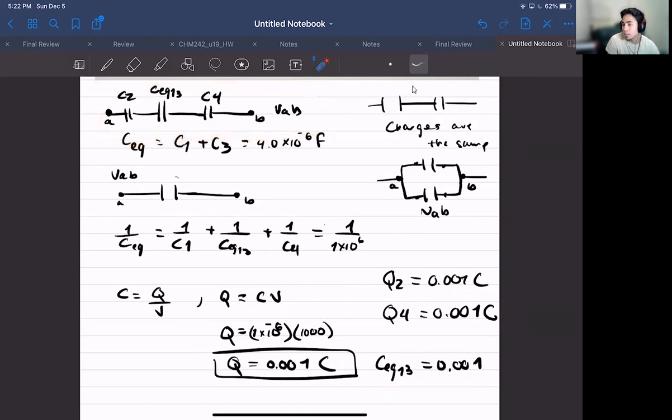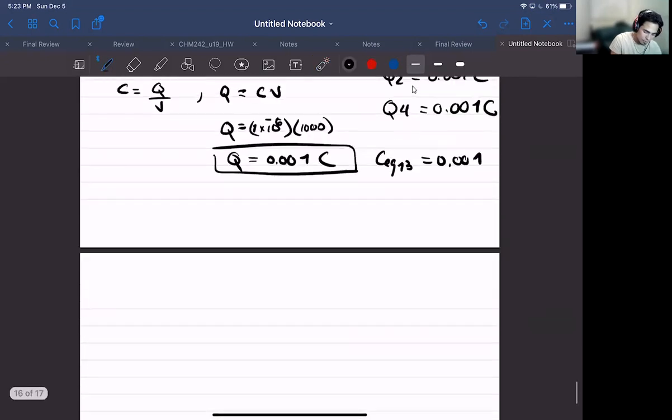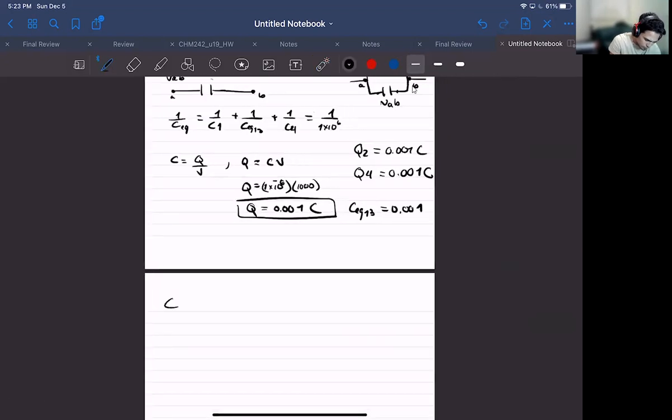So now, if we're in a series, how can we find the voltage? Well, we just find the individual voltages for every single one of them using the same equation, just playing around with it, because if we know that capacitance equals the charge divided by the voltage, and we want to find the voltage, then the voltage is just the charge divided by the capacitance.